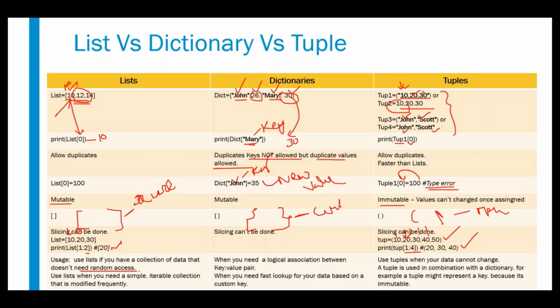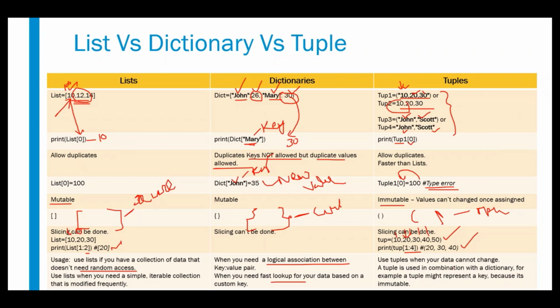You go for dictionaries when you need a logical association between key and value pairs. Again, we need to decide based upon the data. If you have multiple keys with their values, we can just go for a dictionary. And when you need a fast lookup for your data based on a custom key, then you can go for a dictionary.